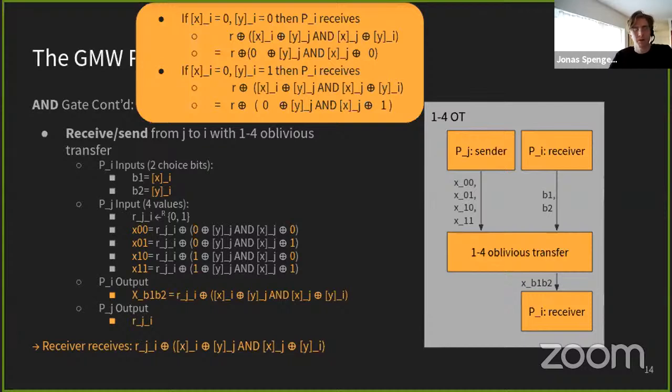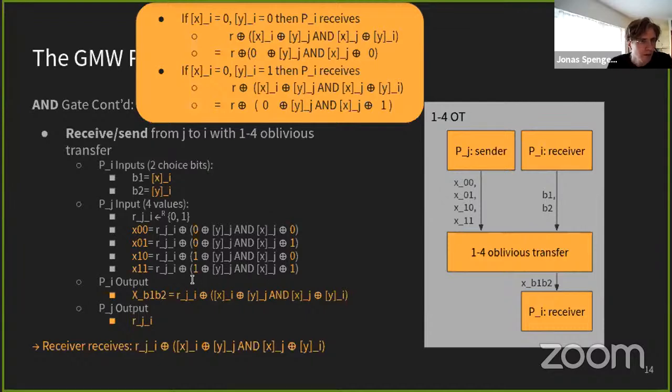We have to ensure that the receiver, on one hand, does not learn anything about the shares of the sender. And we have to ensure that the sender also does not learn anything about the shares of the receiver. This is where the properties of oblivious transfer come in.